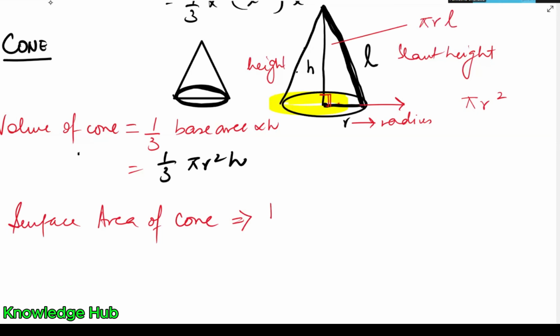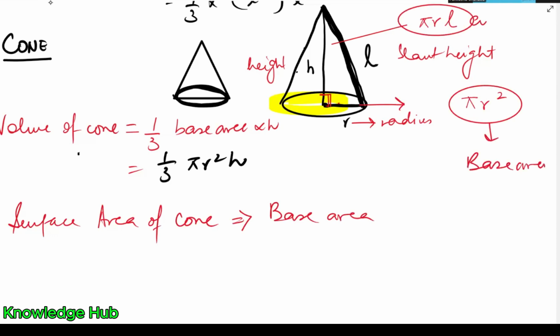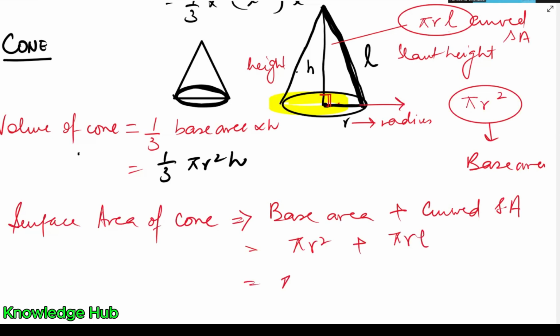So for the surface area of a cone, we have two areas, the base area and the curved surface area. The base area is pi r square and the curved surface area is pi r L. So pi r times (r plus L). You can use this form or you can use this form.